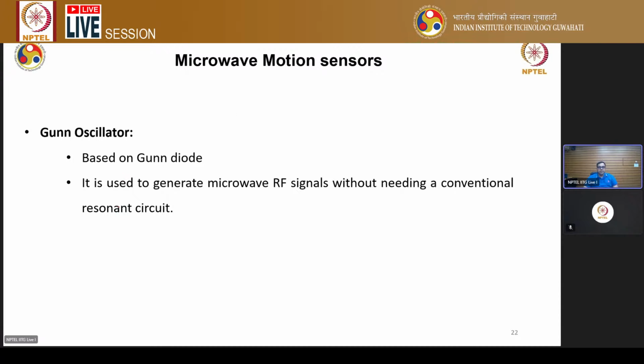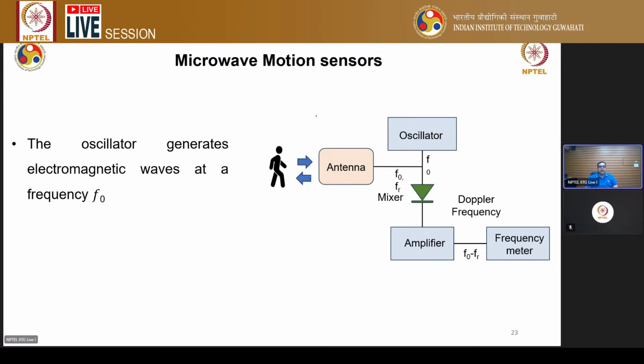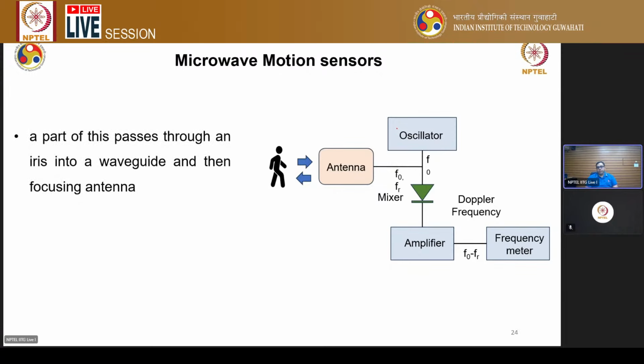We have already seen that the Gunn oscillator is used to generate a microwave RF signal in microwave motion sensors without needing a conventional resonant circuit. The oscillator generates electromagnetic waves at a certain frequency f0, which is the actual frequency, as you have seen in the case of ultrasonic motion sensors.